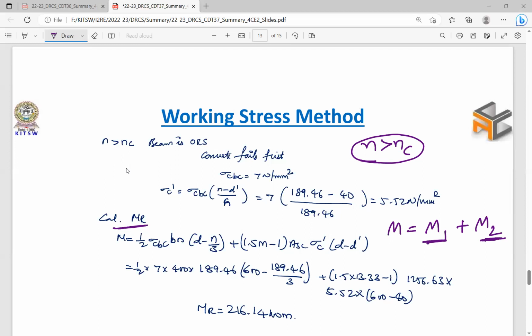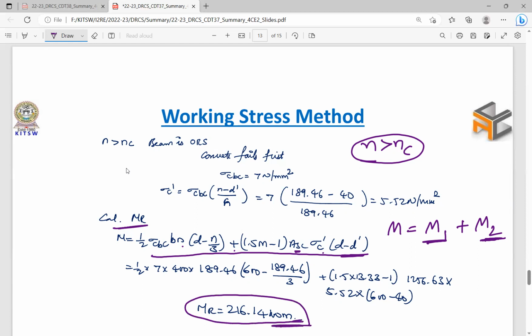So moment of resistance is equal to half sigma CBC B into N into D minus N by 3 plus 1.5 M minus 1 into AC sigma C dash into D minus D dash. You need to remember this formula. You can also derive it; we saw the derivation once in the previous class. If you substitute all these values, you're going to get the ultimate moment of resistance of the doubly reinforced beam itself.